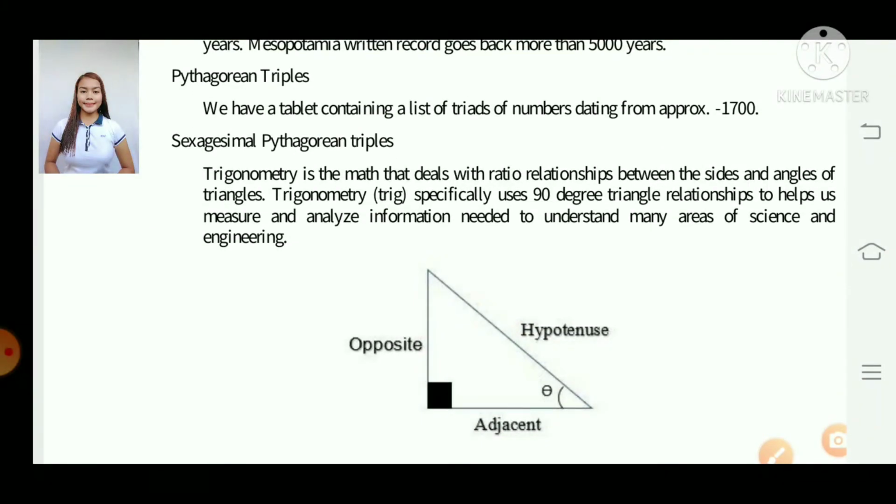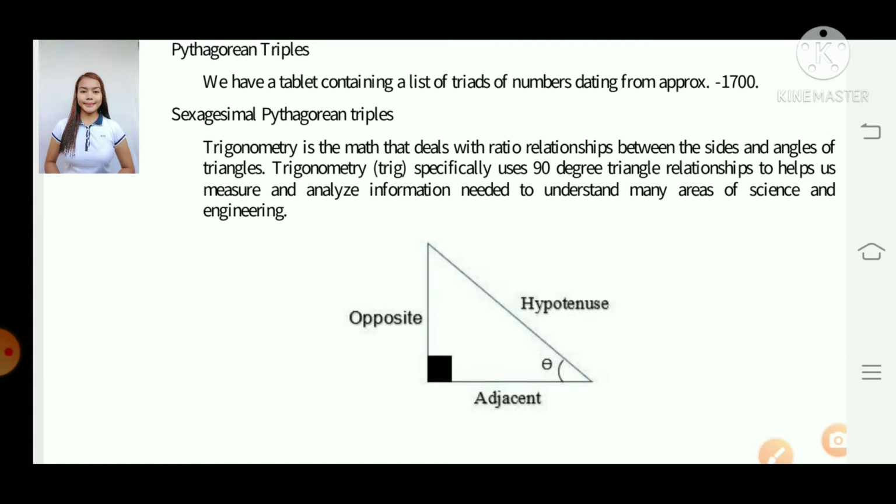Pythagorean triples: we have a tablet containing a list of triads of numbers dating from approximately negative 1,700. Sexagesimal Pythagorean triples.